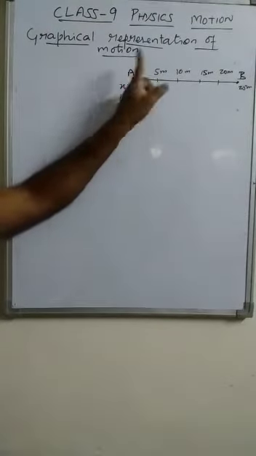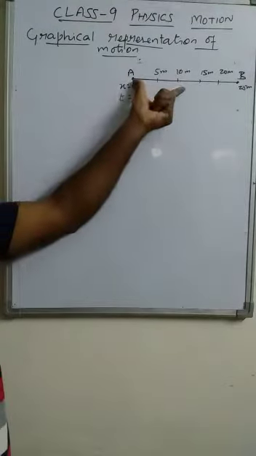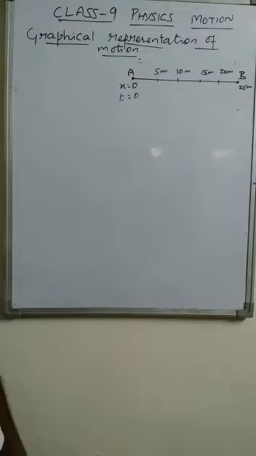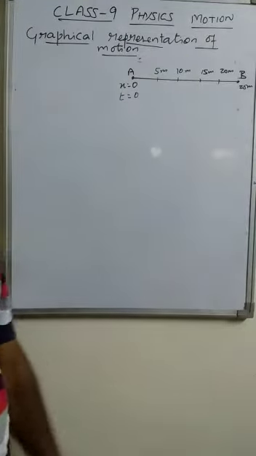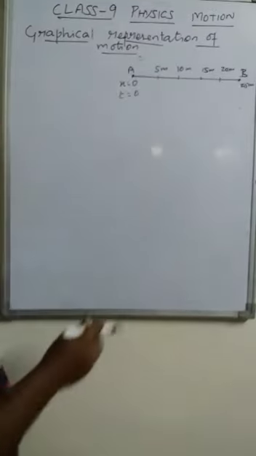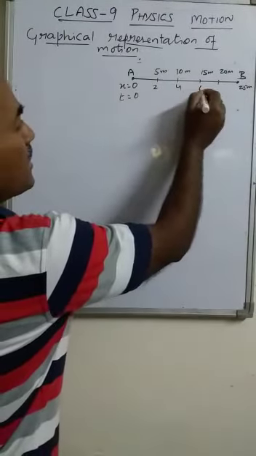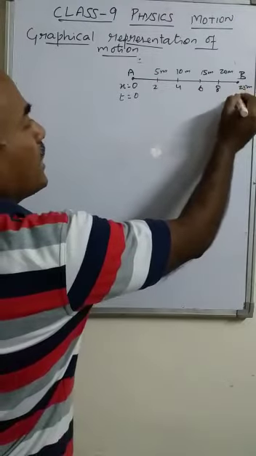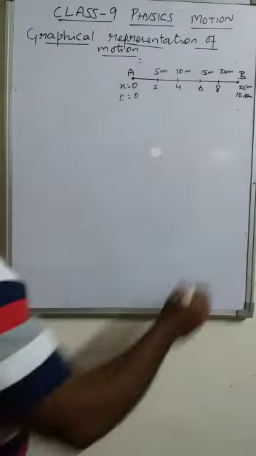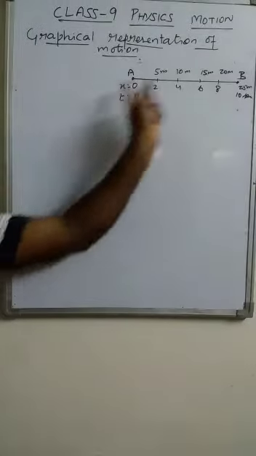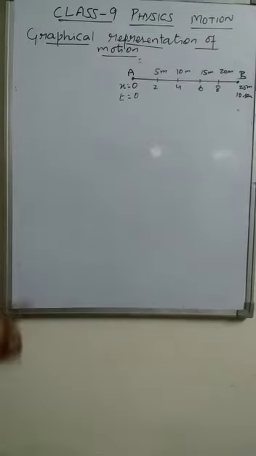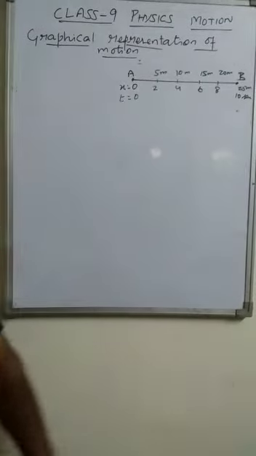Here the position is 0, the position is 10, the distance is 10 meter. In this way the distance can be calculated and the time taken is also given. Suppose it is 2 seconds, 4 seconds, 6 seconds, 8 seconds and finally 10 seconds. This is how the object is traveling along this straight line.